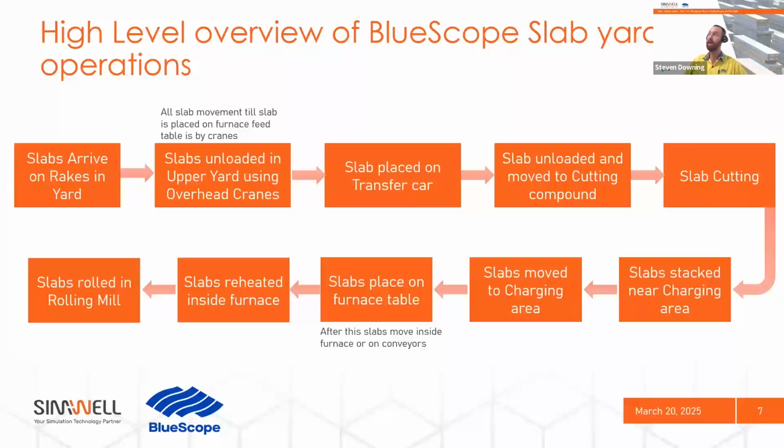So we actually cast much larger slabs than what we charge into our plate mill furnaces. So the slabs need to be subdivided, or slab cut, which are then stacked out in that area, removed from that area to a secondary area, which will then have to be assembled into quite a complex sequence. One of the requirements of rolling plate is a very complex scheduling process.